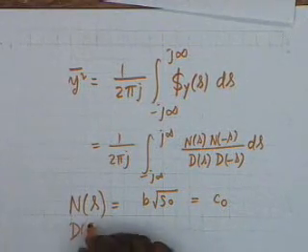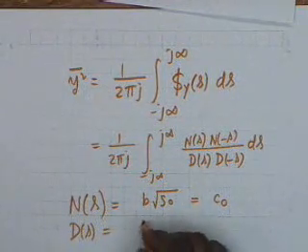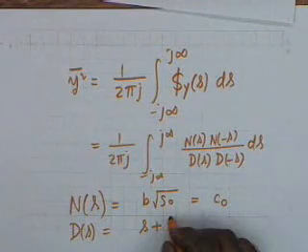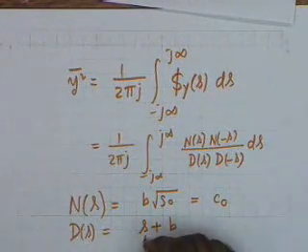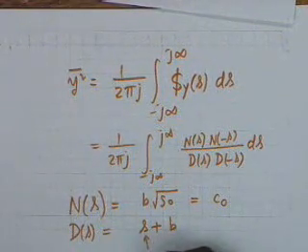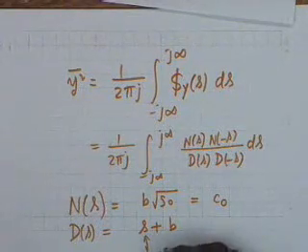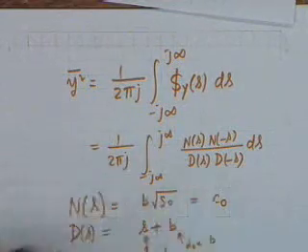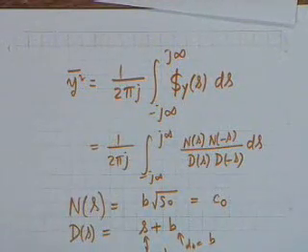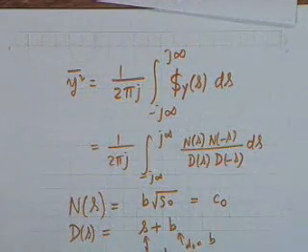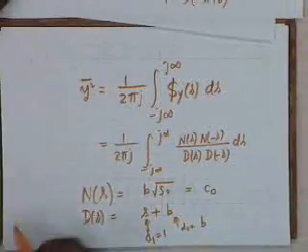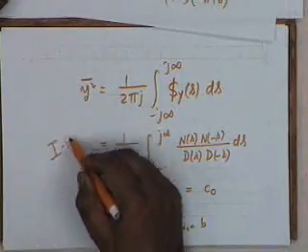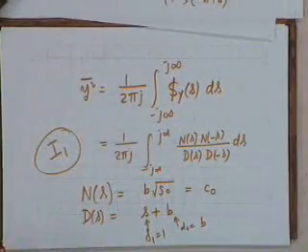D of s is equal to s plus b, and therefore d1 is equal to 1 and d0 equal to b. This integral shall then be evaluated as, it is a first order rational function, therefore n equal to 1, and the integral shall be evaluated as I1, which is tabulated in the book.